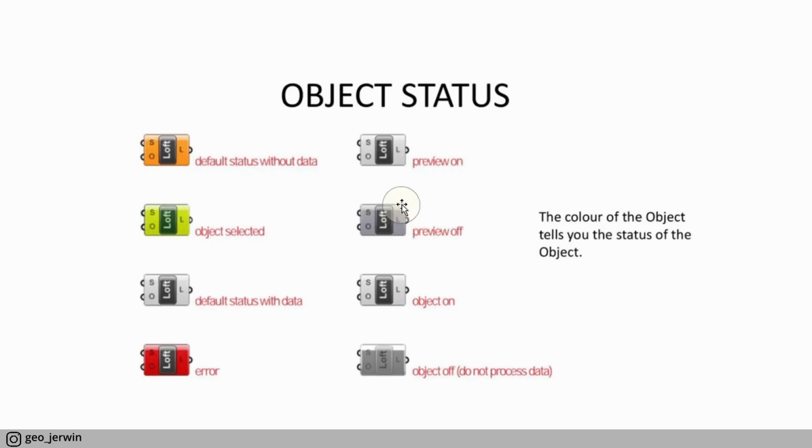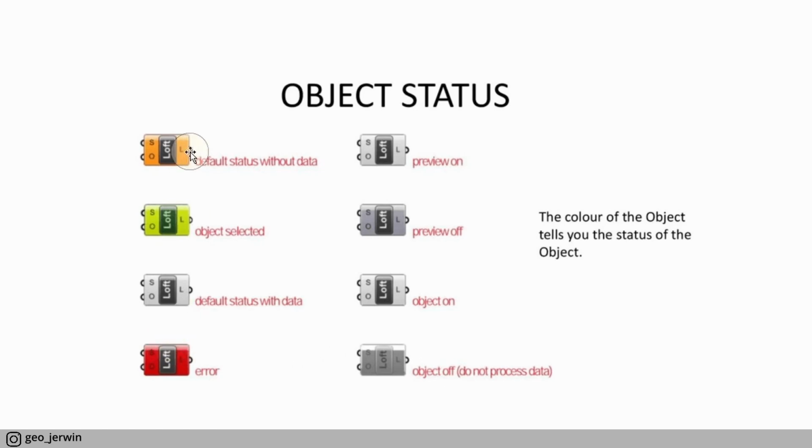If you hide the preview, it'll look dark gray, and it'll look completely grayed out if you disabled it. Whenever you select it, the object would look green. Whenever there is an error and the process is stopped, it'll look red, and you can see what error this is. There will be a bubble pop up near it.